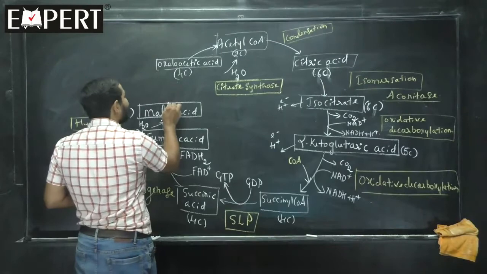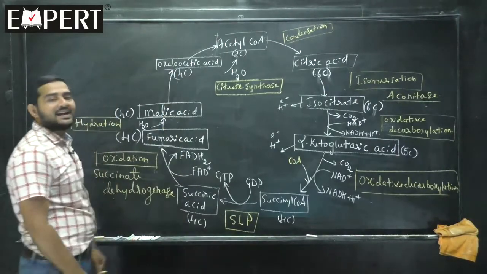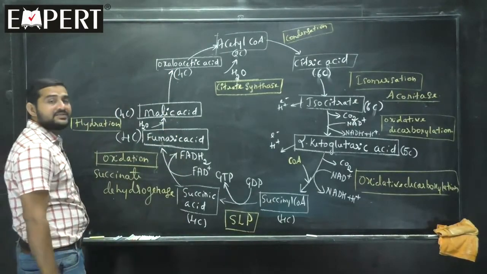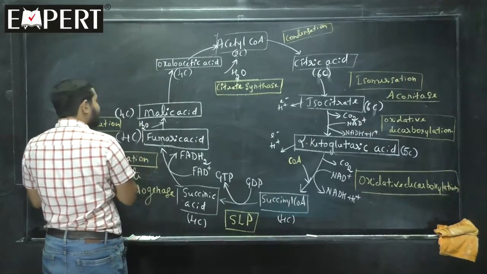Malic acid will once again become oxaloacetic acid. By what kind of step? It's an oxidation step.